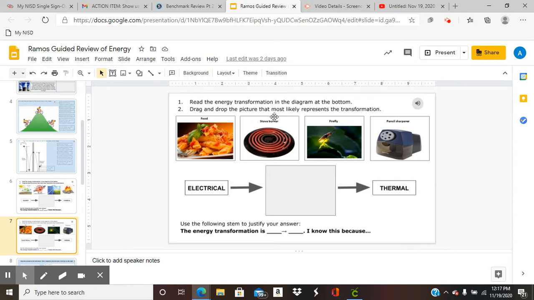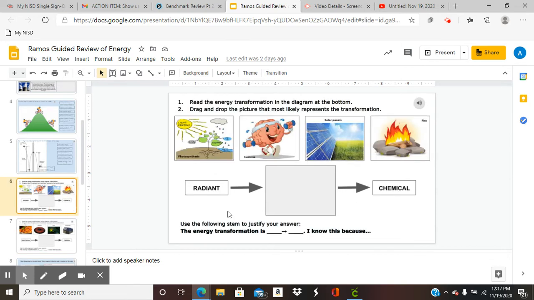Drag and drop the picture that most likely represents the transformation. So you're going from electrical to thermal. So you will pick one of these that is showing electrical to thermal. And that's what you're doing here on slide 6. You're picking one of these that represents radiant to chemical.